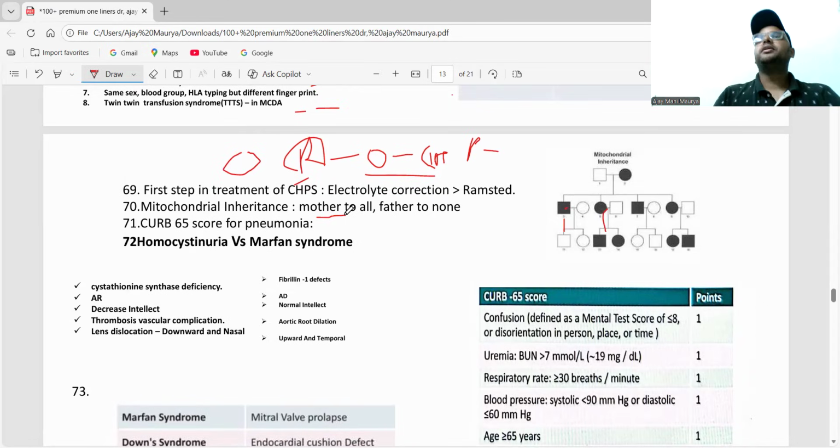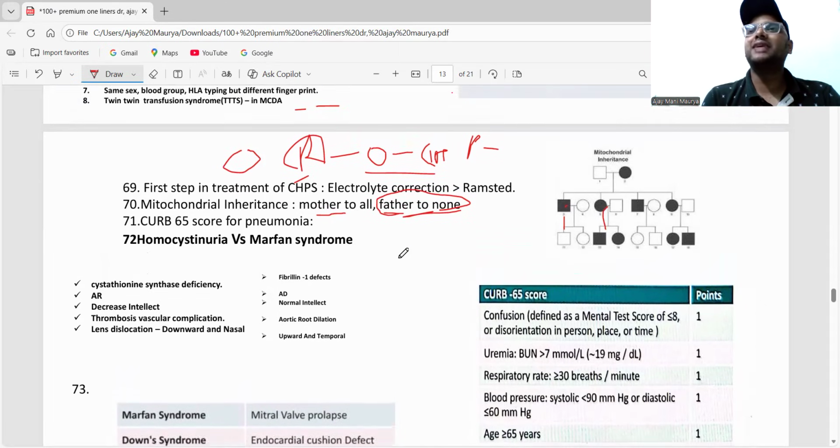If the mother is affected, everyone is affected. Mitochondrial inheritance means it will pass from the mother. If the mother is affected, everyone will be affected, but if the father is affected, then no one is going to be affected. Done. So what are the examples? Tell me. Just comment or go to your notebook and see. I remember only one, MELAS.